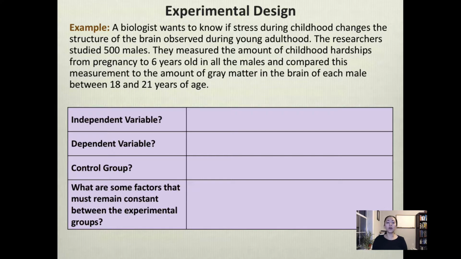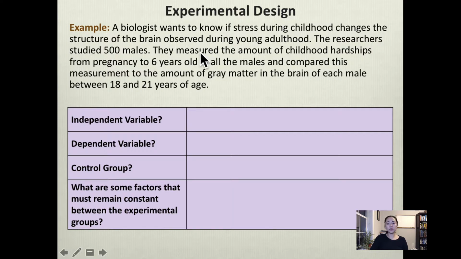In this case, what is the independent variable? Is there anything that the experimenters have complete control of? If there isn't anything that they have complete control over, then is there some variable that's causing a change in another variable? Well, if we look here, they're looking at how stress causes changes in the brain. And specifically what they're measuring is the amount of childhood hardships.